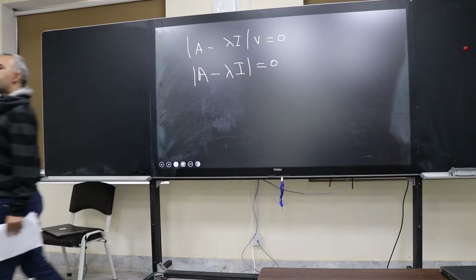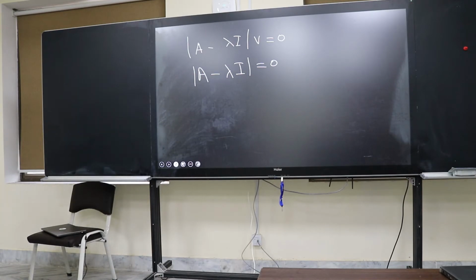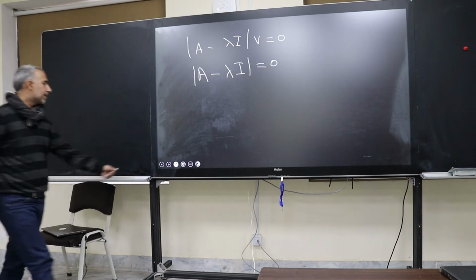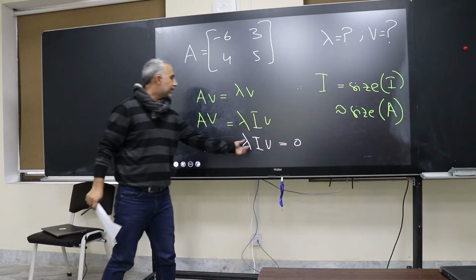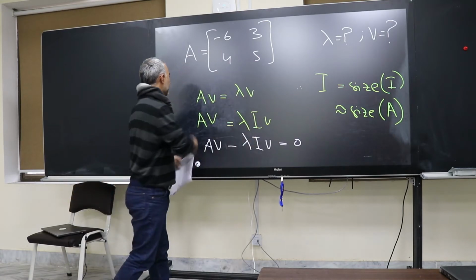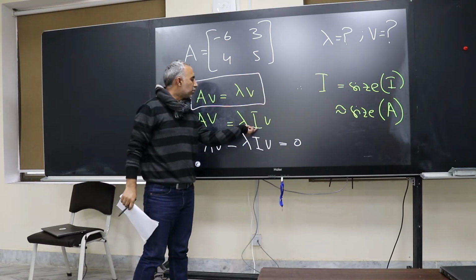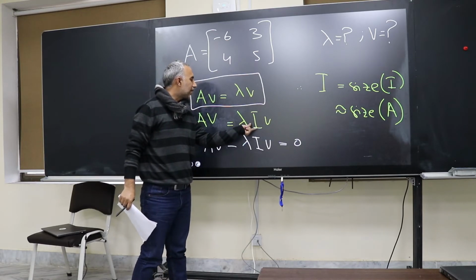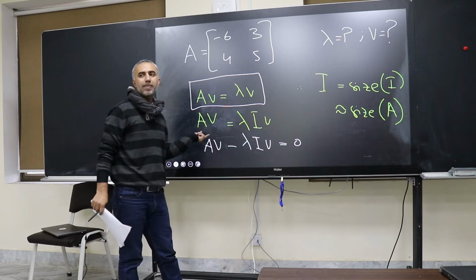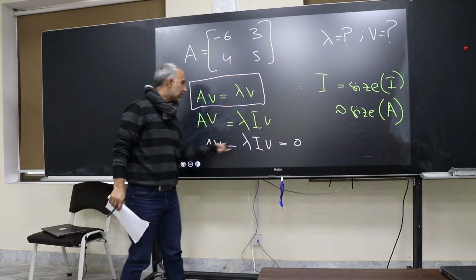Until here, is it clear? Yes. See, this is the expression I made. I introduced the identity matrix in order to maintain the size of matrix A for subtraction or addition purposes.